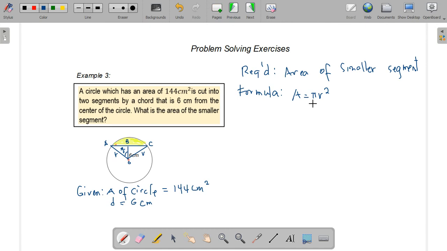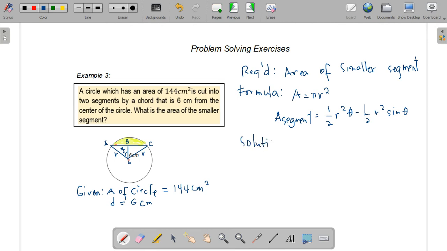Okay? So, area of a segment minus the area of the triangle. So, we can say A, area of a segment, is simply equal to 1/2 R squared theta minus 1/2 R squared sine of theta.